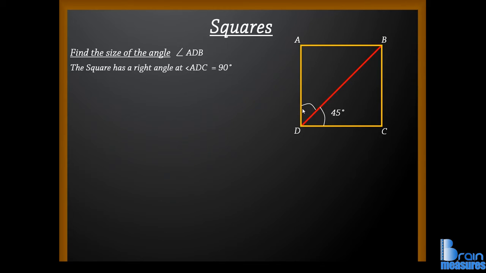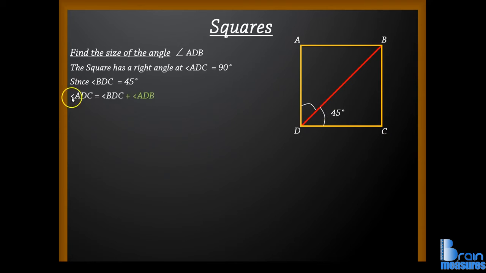Now the square has a 90-degree angle right here. It is ADC. So the entire angle is 90 degrees. And we know that this angle right here, BDC, is 45 degrees. So can you find out how much this angle is going to be? All we have to do is subtract.